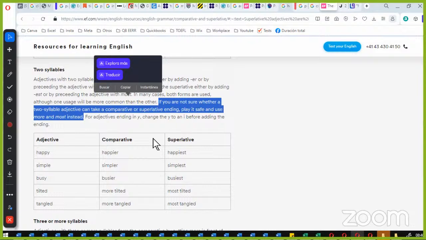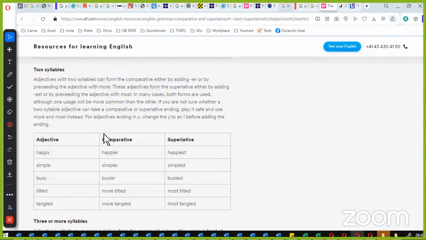That wouldn't be ideal. Of course, they're trying to say that if you don't know, use more and most. But if you said more happy, that's if you wanna be understood. If you fly to the US and wanna be understood, that is a mistake. But in the TOEFL, you should use the one that you must use.